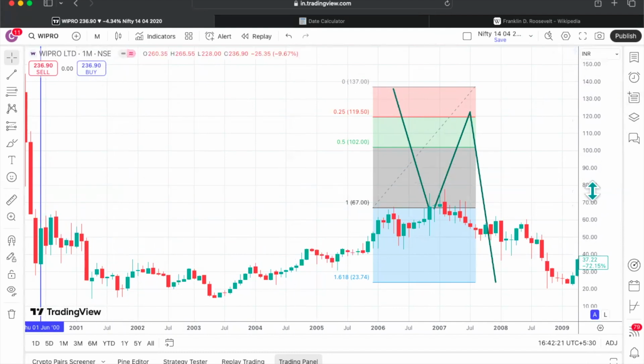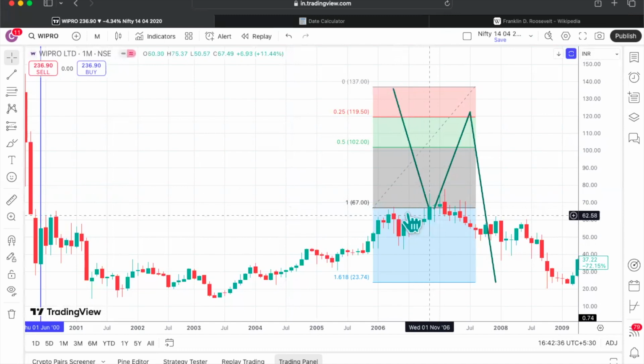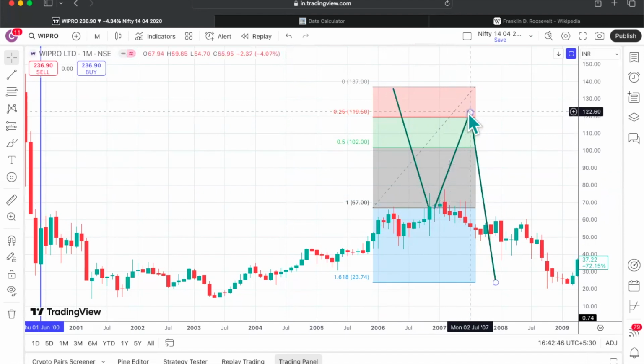Why? Because we have the prices on our Y axis coming down. So from this high of 137, the market did come down and it came to 67, 69 levels. The low was 67. So from this high, we had a low of 67. Here there was probably a double bottom being formed, and from this double bottom the market again started rising.